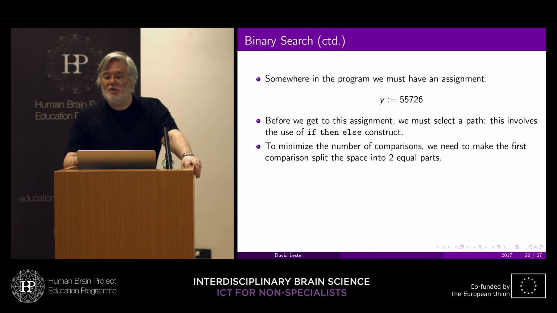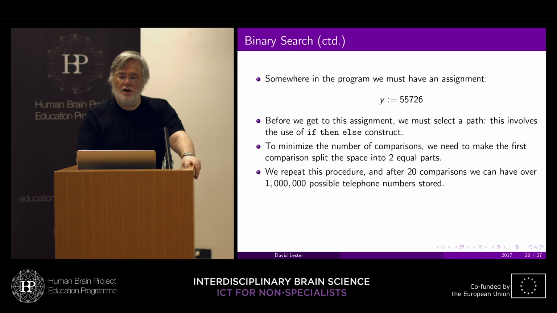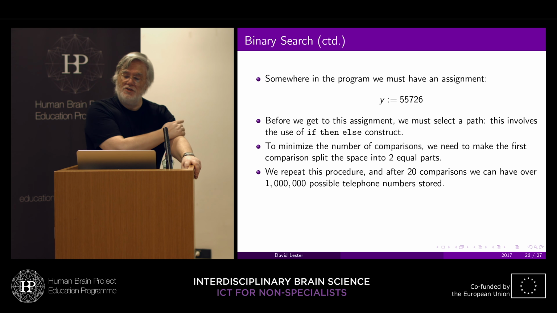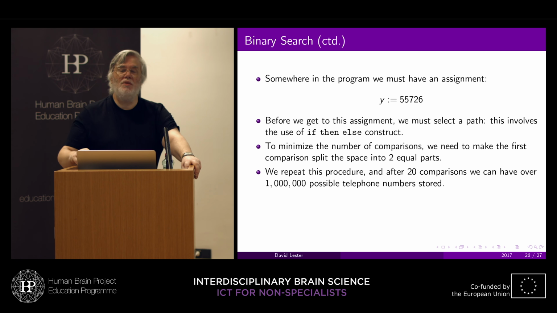And to minimize the number of comparisons, we need to make the first comparison split the space into two equal parts. And you're going to repeat this procedure, and after 20 comparisons, you can have over 1 million different possible telephone numbers stored. So the number of possibilities is doubling at each step, and when you've got 20 comparisons in there, you have 1,024 squared telephone numbers that could be in that telephone directory.